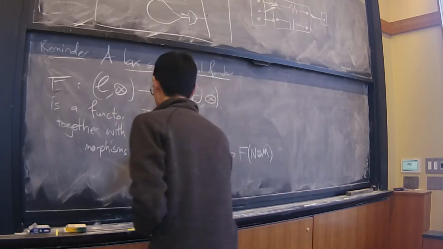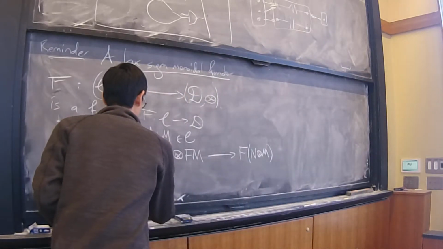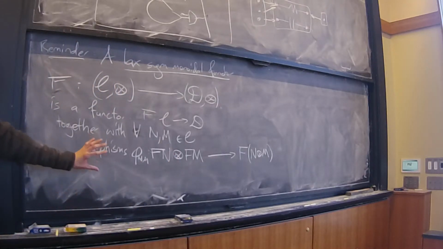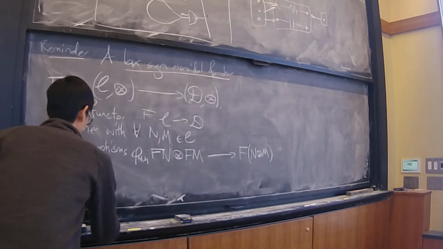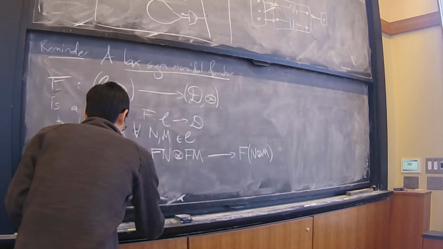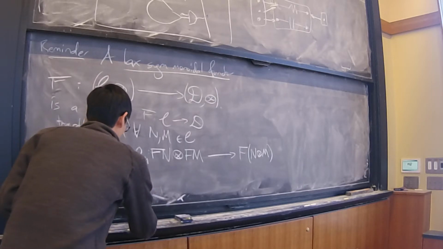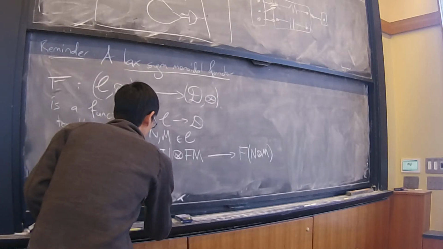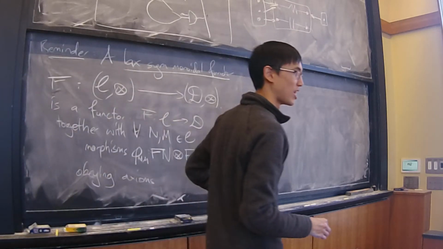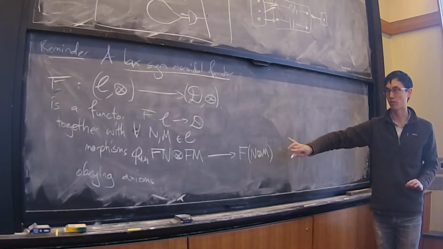So we get some morphisms, which I'm going to call phi, and in the lax case, these just need to be morphisms obeying these similar associativity diagrams and axioms. There are other flavors, for example, a strong one requires this to be an isomorphism, and a strict one requires it to be equality.